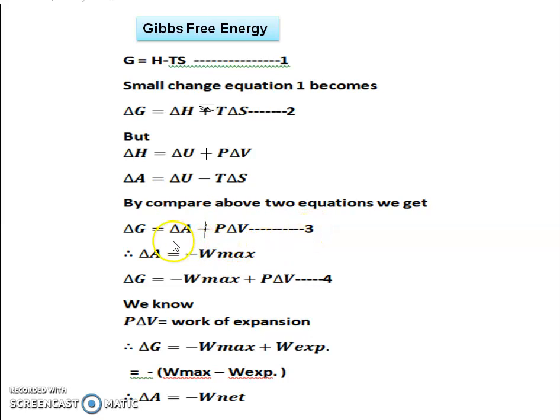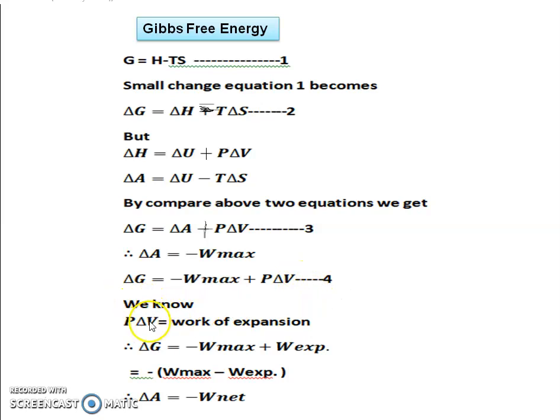But we know that the Helmholtz free energy delta A is equal to minus W max. Therefore, this equation becomes delta G is equal to minus W max plus P delta V, equation 4.